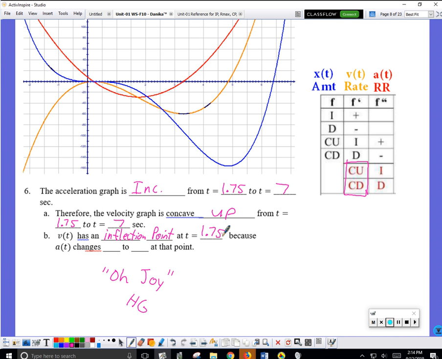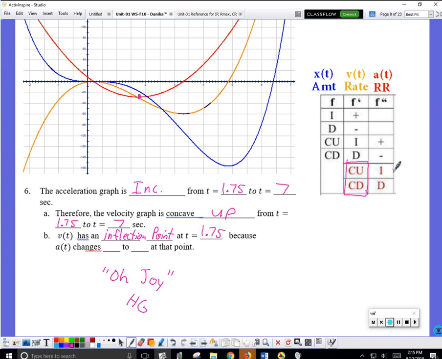What does it mean to change concavity? The velocity is initially concave down. At about 1.75, velocity changes to concave up. So we're not looking at the acceleration graph, we're still at the velocity. But now it asks you to connect. The next line says, what happens to the acceleration at that point? Look here. When velocity is changing concavity, meaning velocity has an inflection point, the acceleration is changing from increase to decrease, or vice versa.